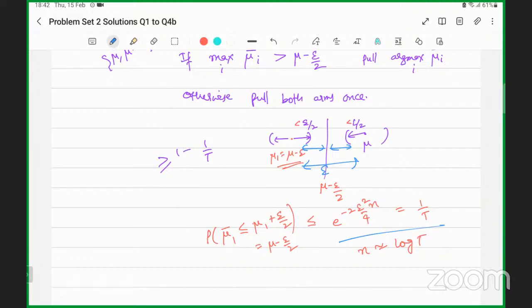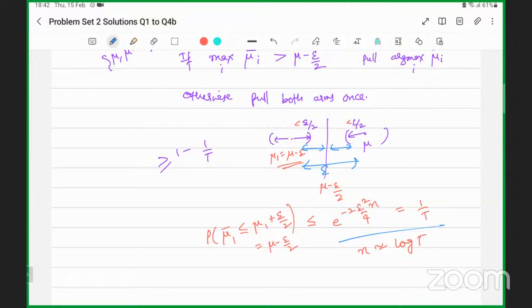So you'll understand that n should be roughly like log t. So after you have log t samples from the first arm, like the left side arm, it won't cross that boundary with a high probability. Similarly, after having log t samples from the right side arm, it won't come to the left side. So after log t samples with a high probability, you can separate these two.